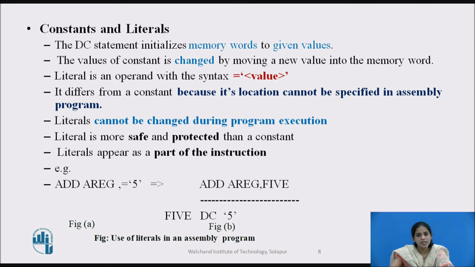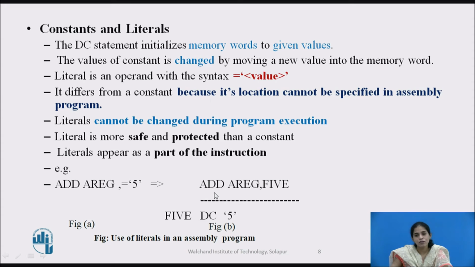Next we will see an example of how we specify literals. In figure A, we specify ADD A register comma equal to, within single quotes we specify 5. So here equal to single quote 5 indicates that it is a literal. In figure B, if we are using the DC statement, we can also declare literals. How do we specify it using the DC statement?